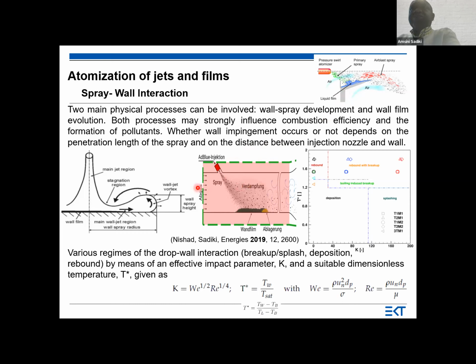For example, we have exhaust gas from an IC engine, and we would like to reduce the NOx. For that we inject AdBlue, and this AdBlue evaporates fast and impinges on the wall in this channel, and we have also interaction between droplets and the wall.